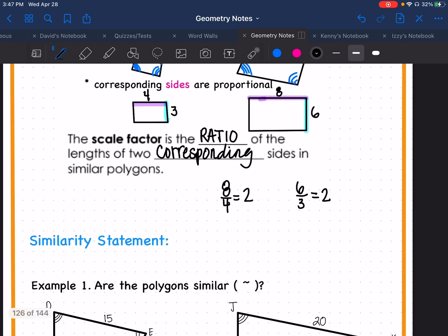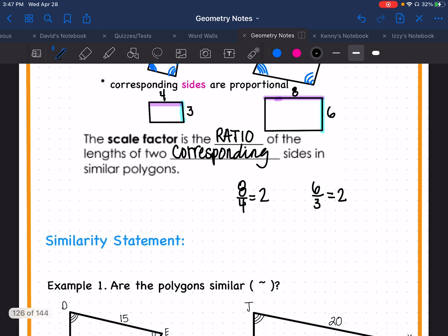All right. We also have what is called a similarity statement. And this is a statement that basically just tells you that two shapes are similar. So here's the name of a triangle, ABC. This is the symbol for similar. It's just the wave part that we would see in the congruence symbol.